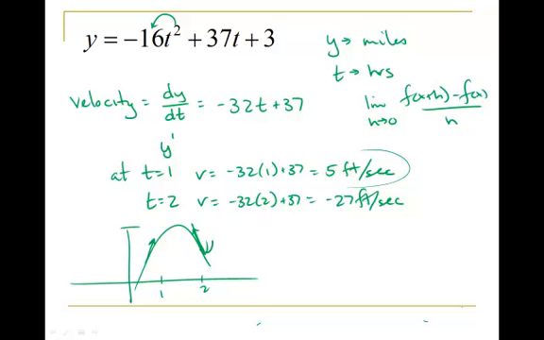So possibly it's a football that's gone up and then is coming down again. Negative velocity would indicate that instead of rising or my distance increasing, I would be falling and my distance would be decreasing. Okay, so either of these velocities would give us an indication back to our distance.